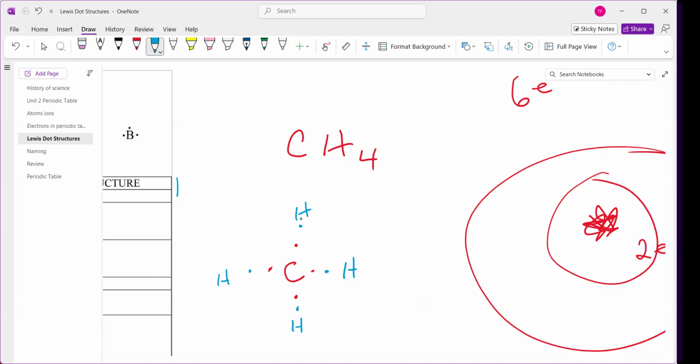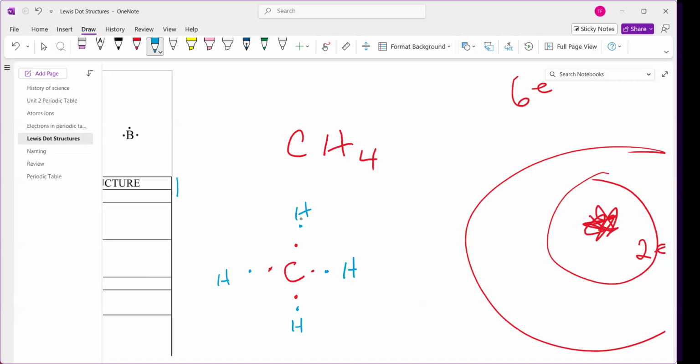If you just have 1 singleton, there's only one way to hook it up, with a single bond. There's no flexibility whatsoever with the atoms that have 1 singleton, like the hydrogens. Okay, so that's the first thing.